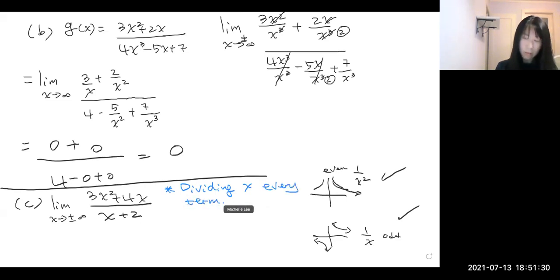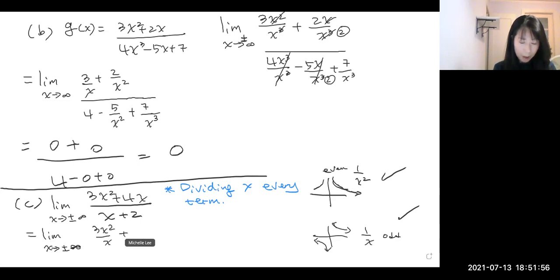Is it always just the highest power in the denominator? Yes, from the denominator. Okay. So we have 3x squared over x plus 4x over x, over x over x plus 2 over x, right?